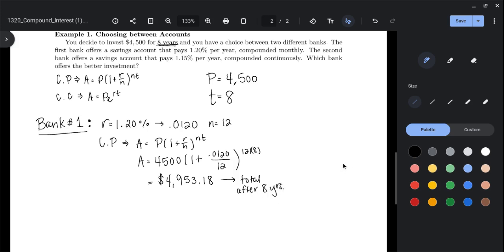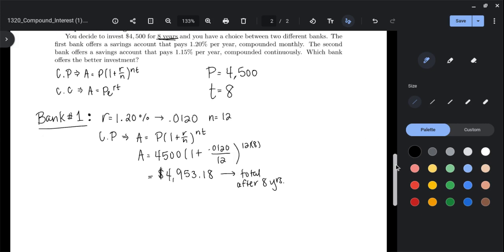Now we're looking for the better investment, so we're having to compute what the total amount would be in the account after those 8 years for both banks, and then compare. The better investment is going to be the one that has the more money after those 8 years.